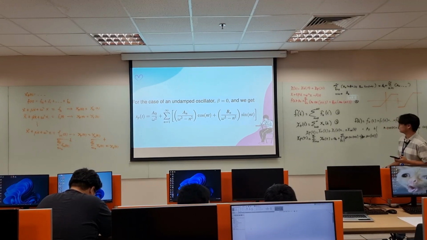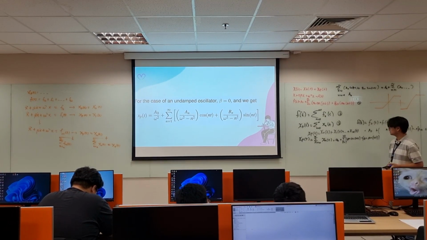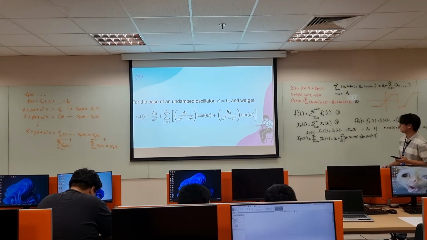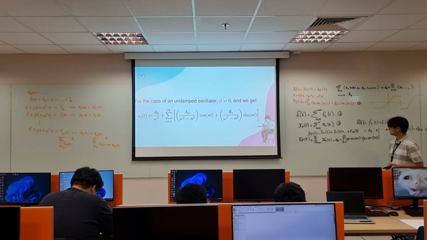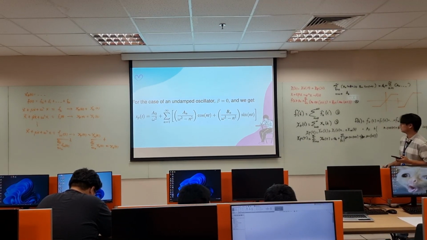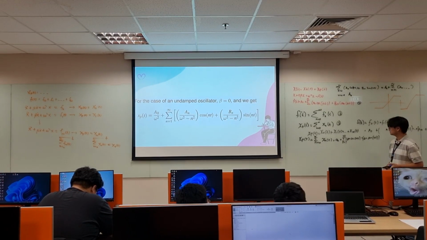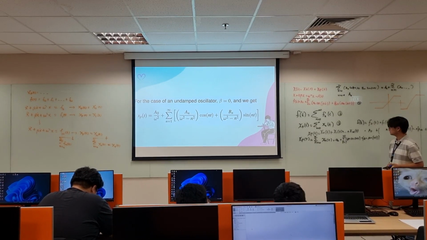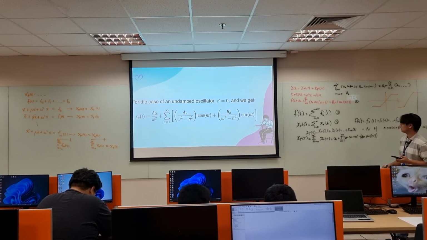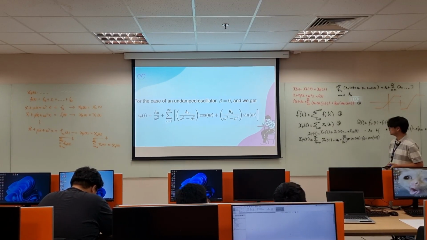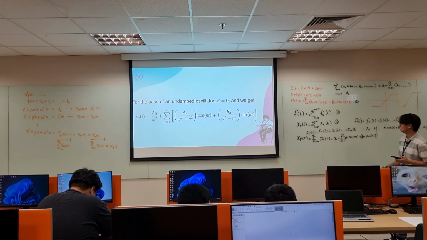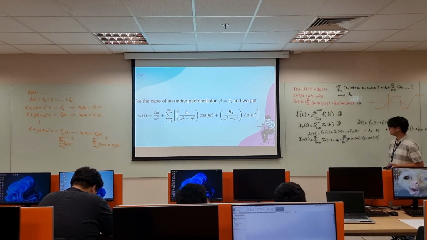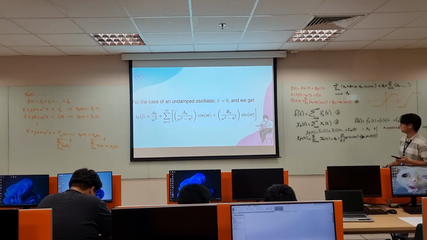And what is bn? We use the L. We know that the period is 2 pi, so half of it, L will be pi. So 1 over pi. We integrate from minus pi to pi f of x sine nx.